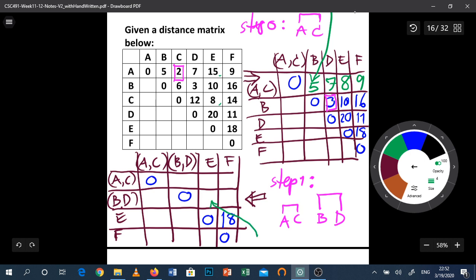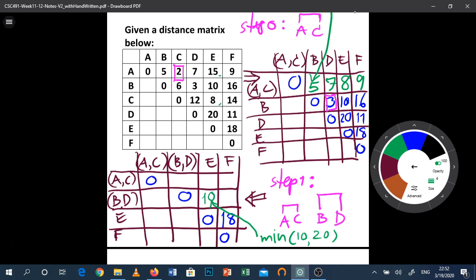is the minimum of, for example, BE. BE was 10 and DE. DE was 20. Okay, for example, so we'll update with 10.